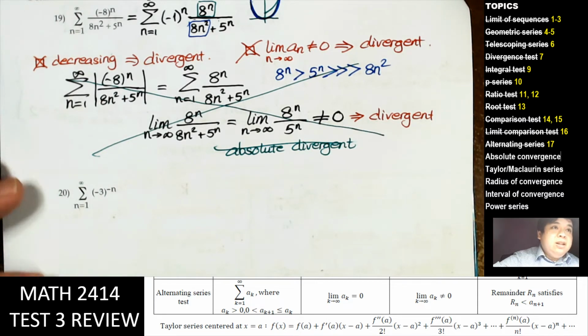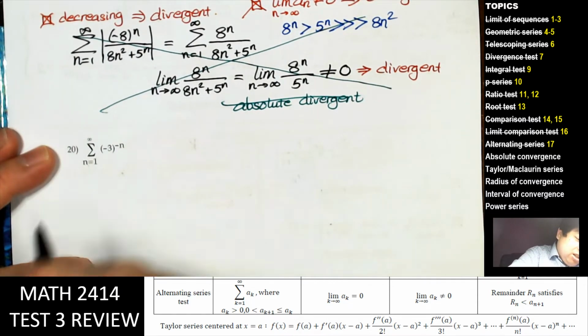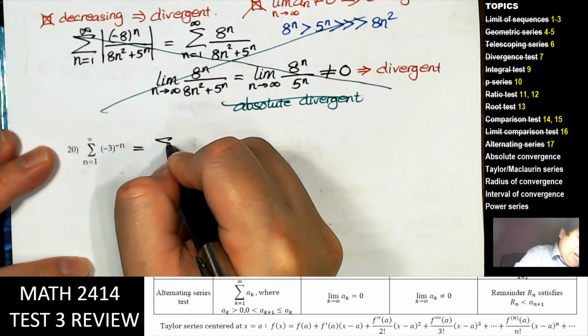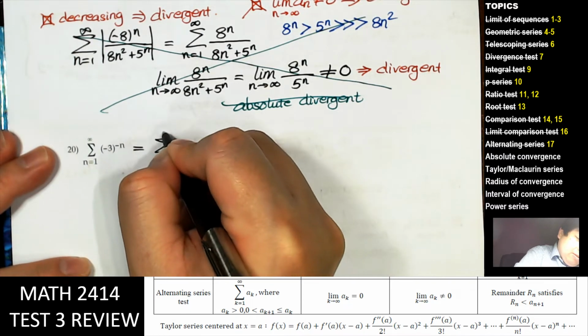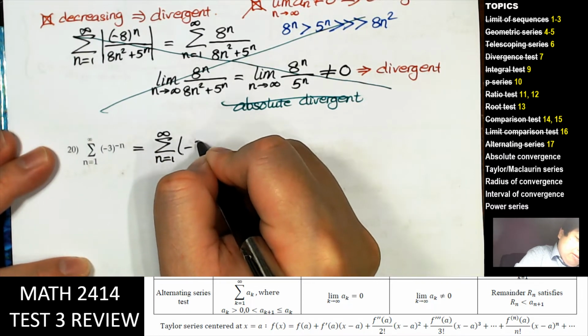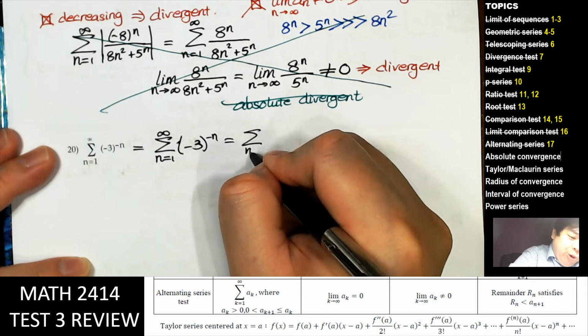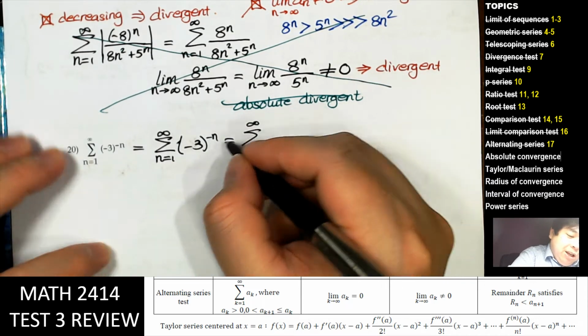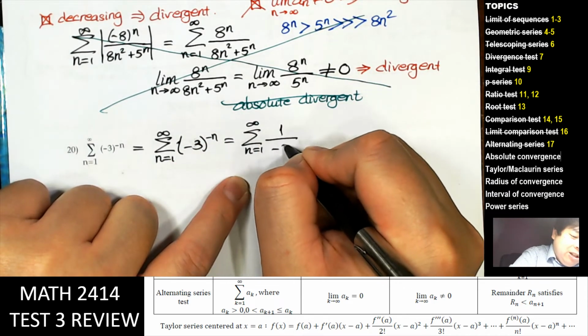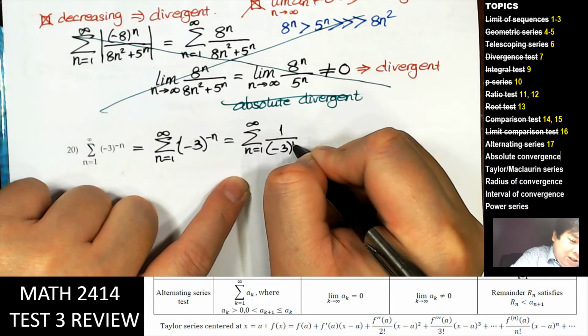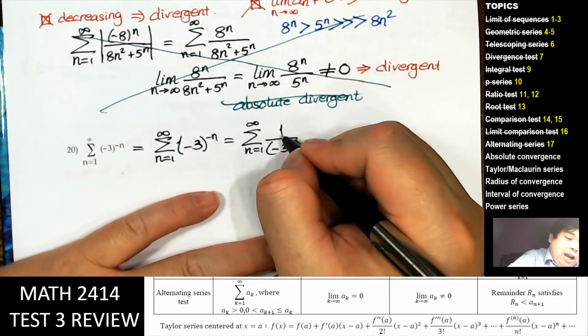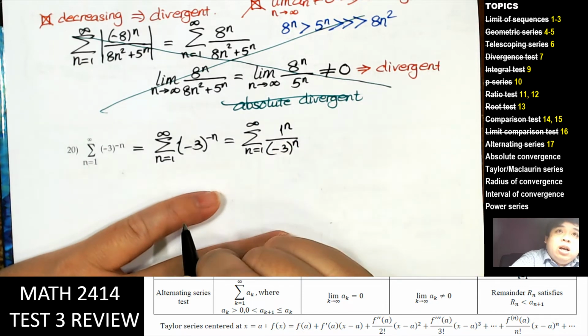Number 20, I will rewrite this, just write that again, I don't know, for no reason. Right. Negative power, we can write that like this, and 1 we can say to the n power as well.